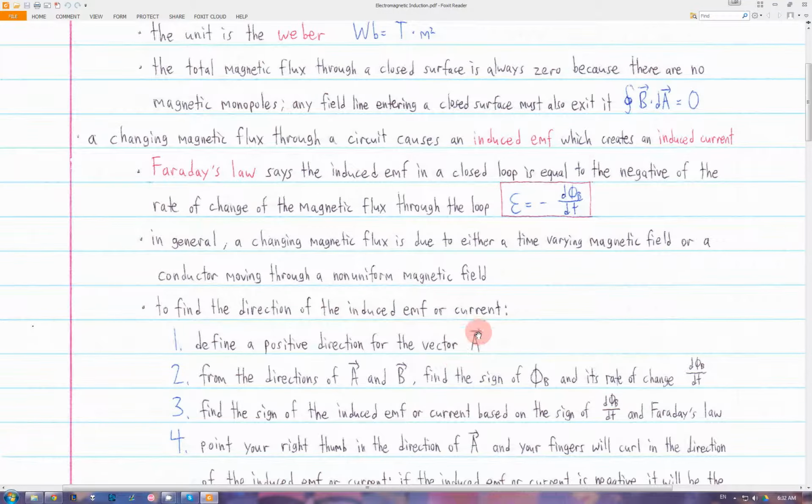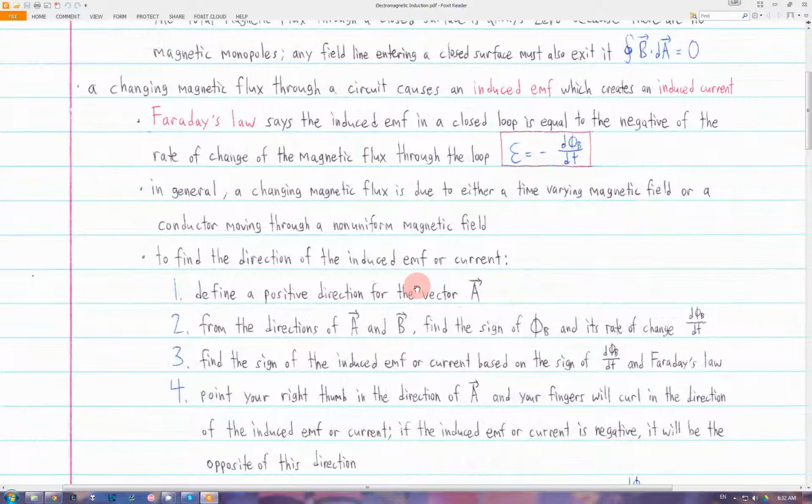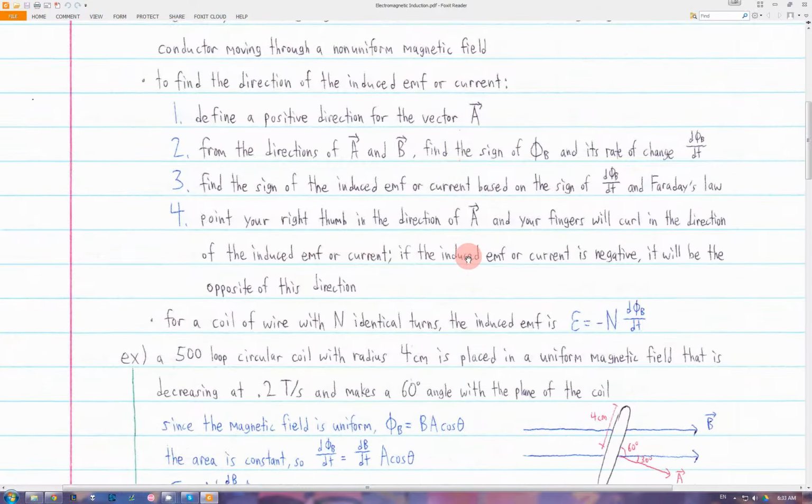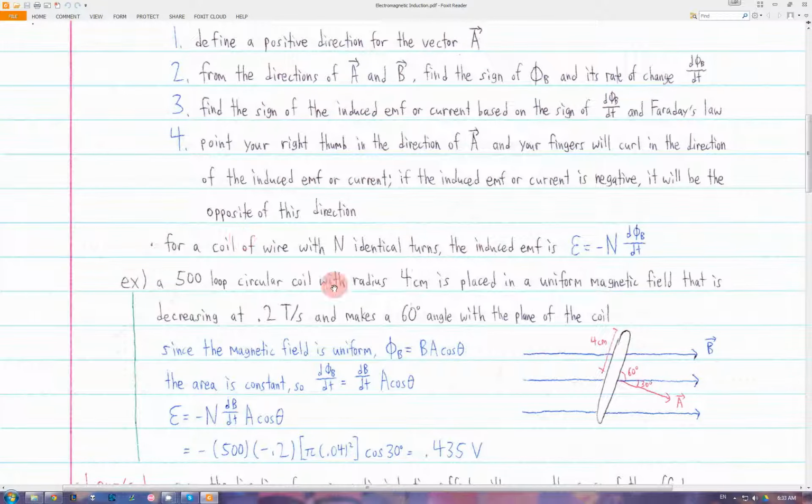You can find the direction of the induced EMF or current using a bunch of sign rules, but we're going to look at an easier rule to use later. If we have a coil of wire with N identical turns, then to find the induced EMF by Faraday's law, we just multiply it by N, the number of turns.